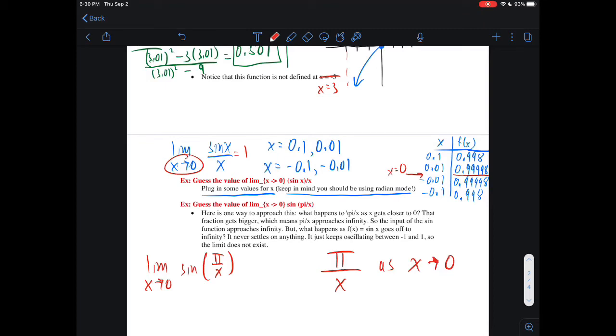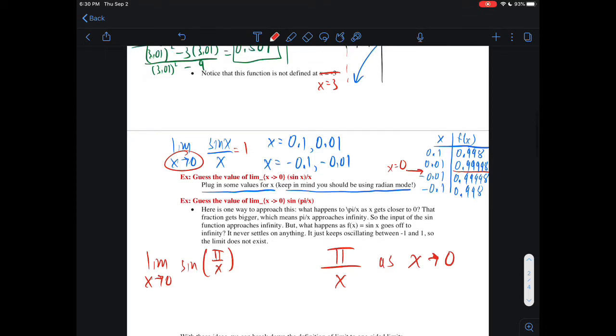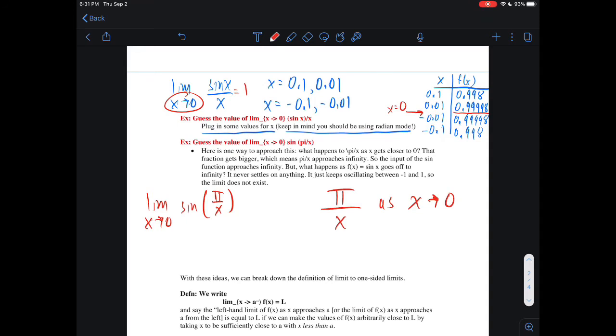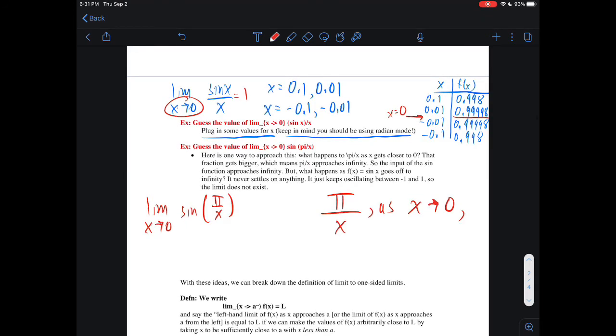Whenever you divide by a fraction, you reciprocate, which then turns into taking pi and actually multiplying pi by larger and larger numbers. What this means is that pi over x as x approaches 0 approaches infinity.